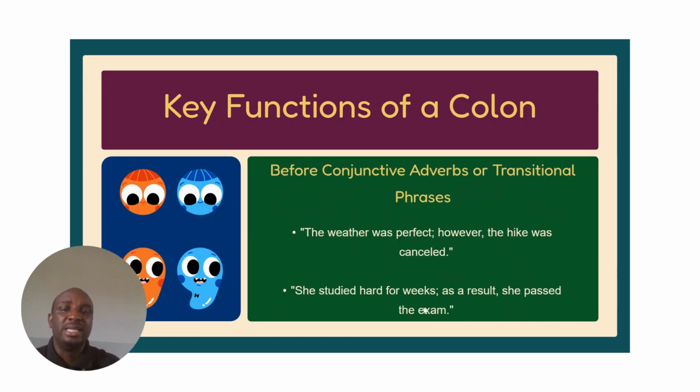Let's note that. Then here also, we use semicolons before conjunctive adverbs and transitional phrases. This is another way we use it. Instead of using a comma before "however", a semicolon is used before "however", then a comma is used after the "however".